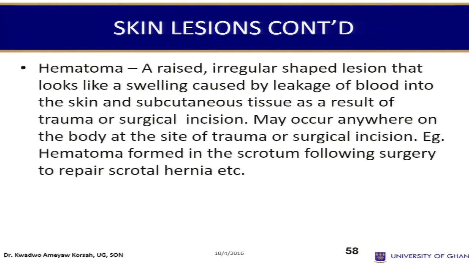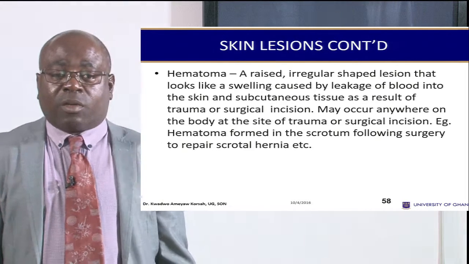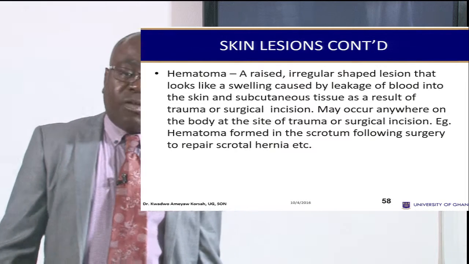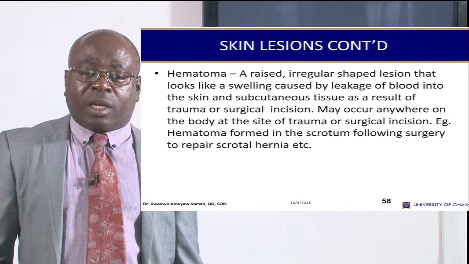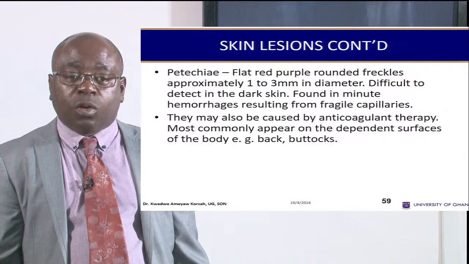The idea is that cold compress constricts the blood vessels, so blood flow to that area is restricted, in order to avoid accumulation. But where the hematoma is formed and later infection sets in, we can apply warm compresses. So these are the two extremes that you need to take into consideration.